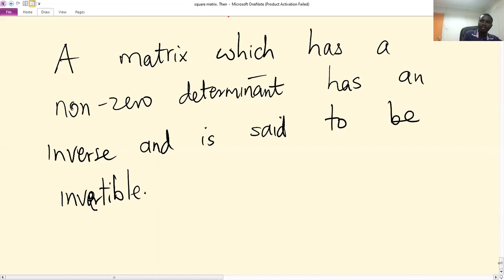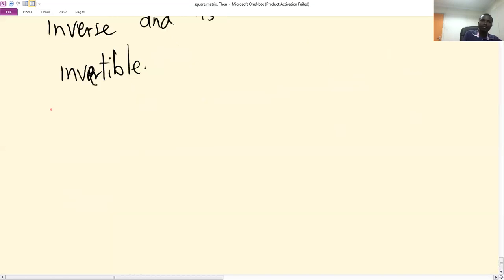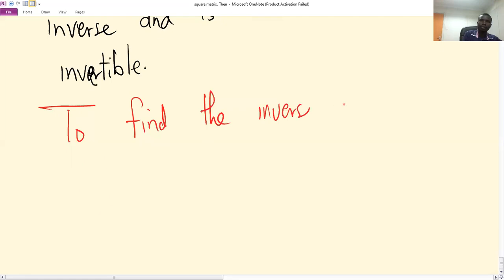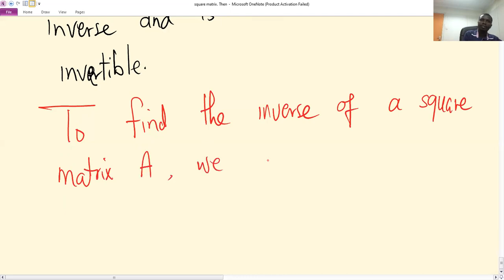So to find the inverse of a square matrix A, we follow the following steps.